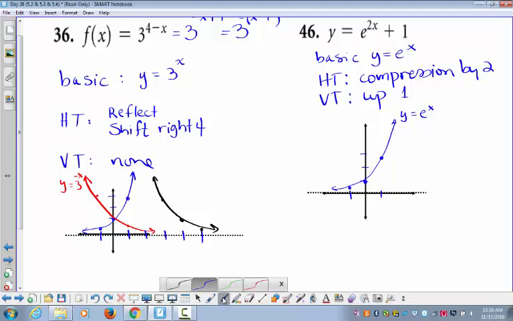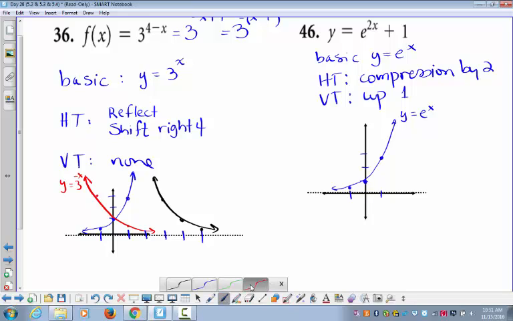If we were going to stretch this vertically, we would multiply the y value of that point and move it up. When we're doing a horizontal compression, it's essentially the same as a vertical stretch. Instead of moving the y values, we move the x value. So this x value right here is 1, and we divide that x value by our compression factor and get 1/2.